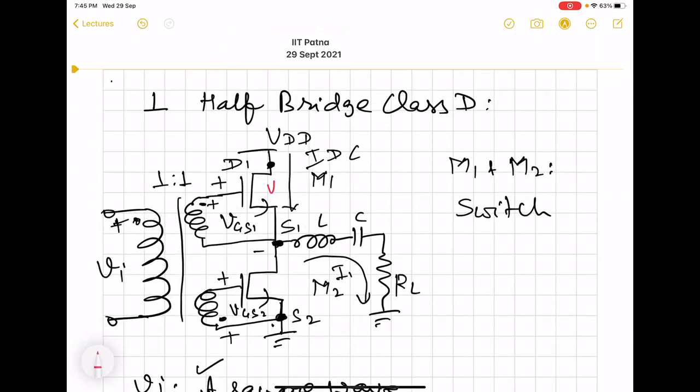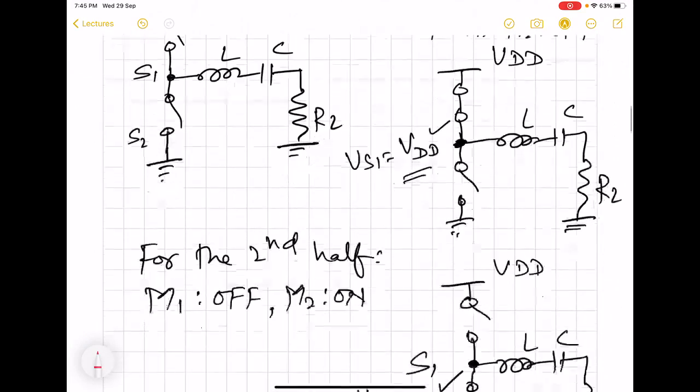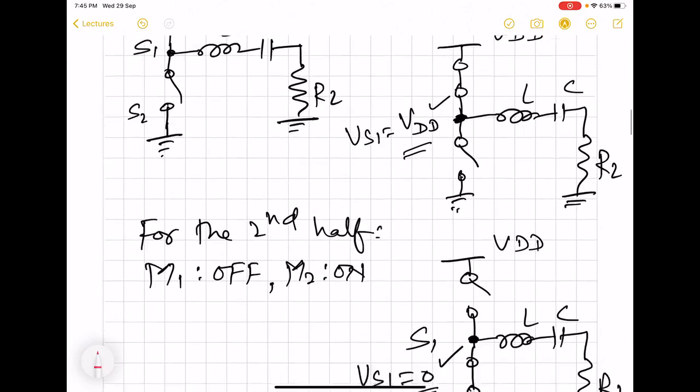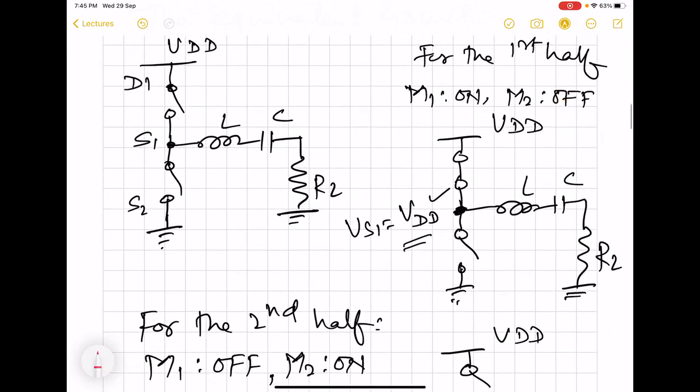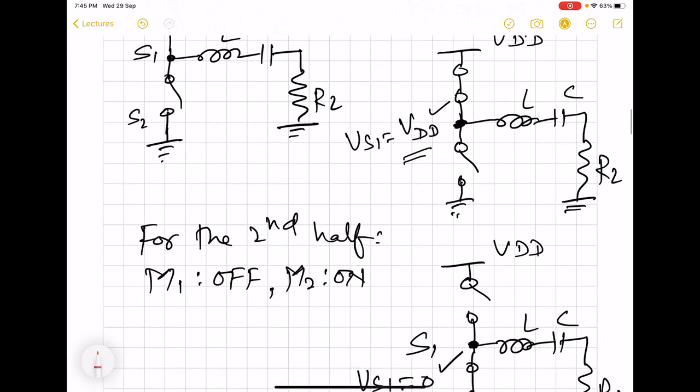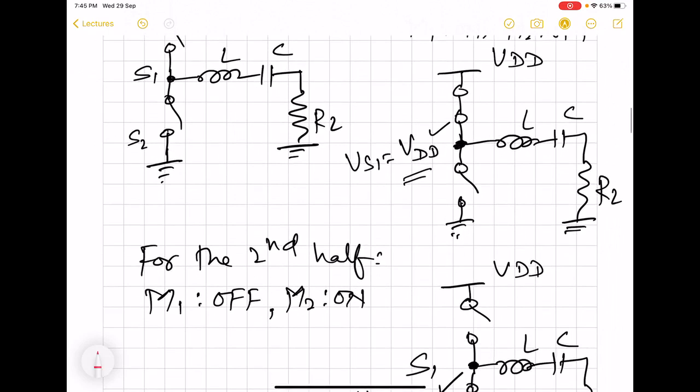What is this, say VDS1? What is the maximum value of this VDS1 or VDS2? For that, let us come to this equivalent circuit in terms of switches. During the first half, M1 is short circuited, so VDS1 is 0, but VDS2 is equal to VDD.